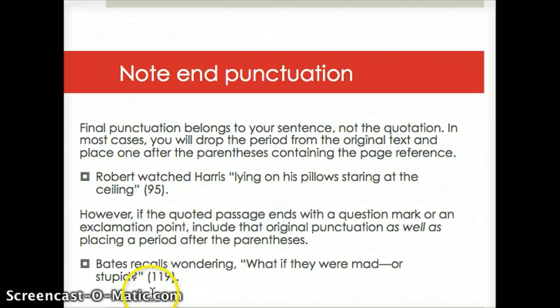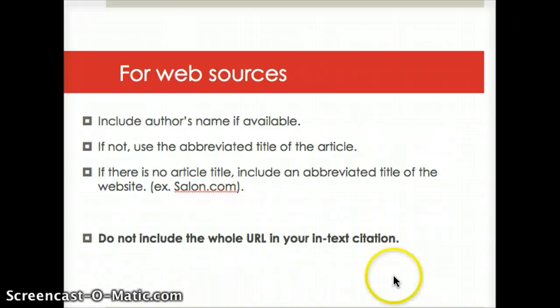The exception is if there is a question mark in the quotation itself, or another piece of punctuation like an exclamation mark. But most of the time you will just have a period outside of your quotation, after the parenthetical citation. So that's something you can use in your essays.